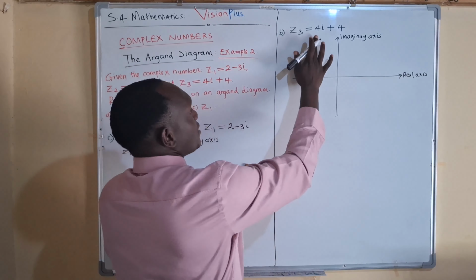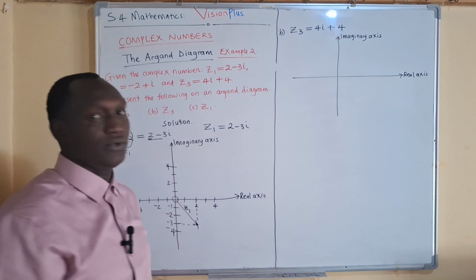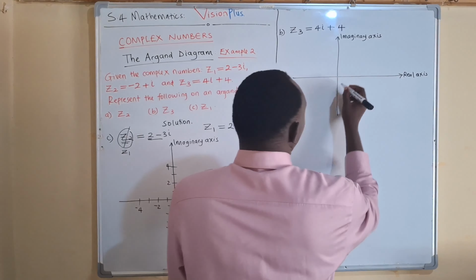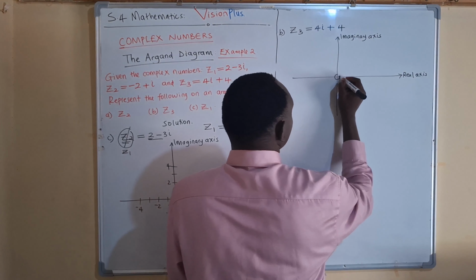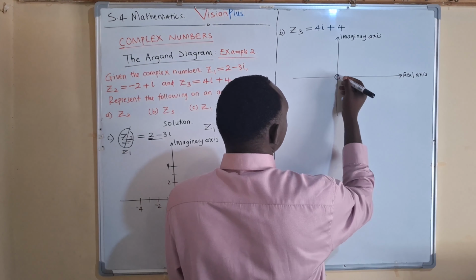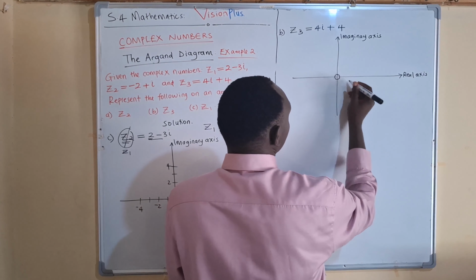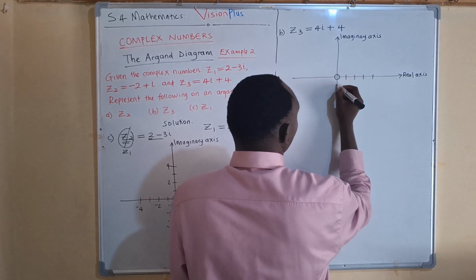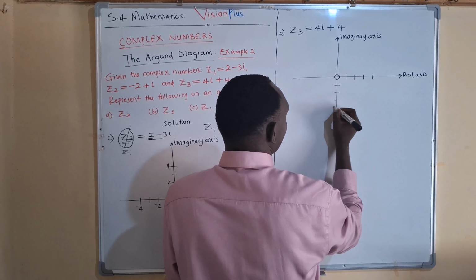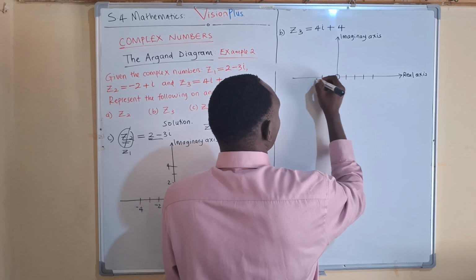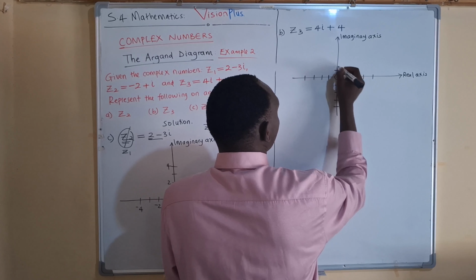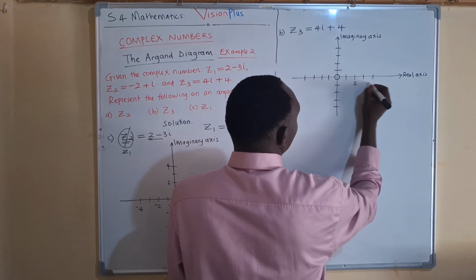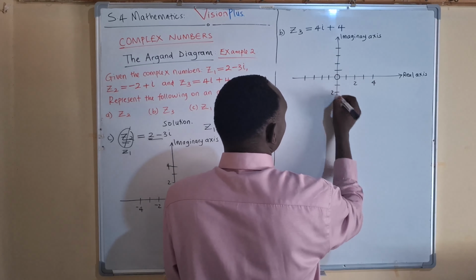If you look at your numbers, you have 4 and 4. So you need to label your axes. This is the center origin. You may put a big O or 0 there. Then you mark 1, 2, 3, 4 along each axis direction.